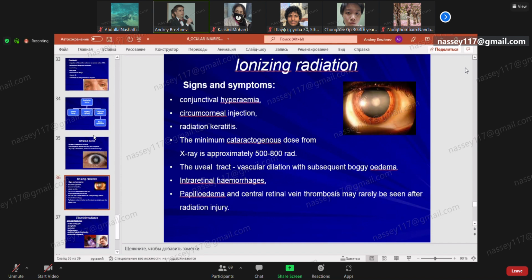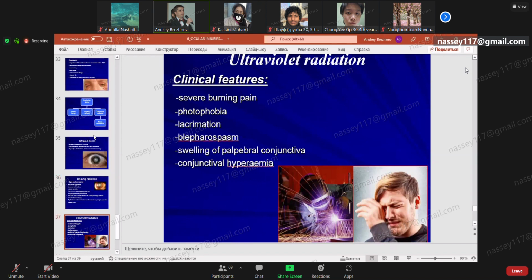Intraretinal hemorrhages or even papillary edema, edema of the optic nerve, and central retinal vein thrombosis may rarely be seen after radiation injuries. Treatment of both infrared and ionizing damage depends on the type of damaged structure, and may be surgical or medical.